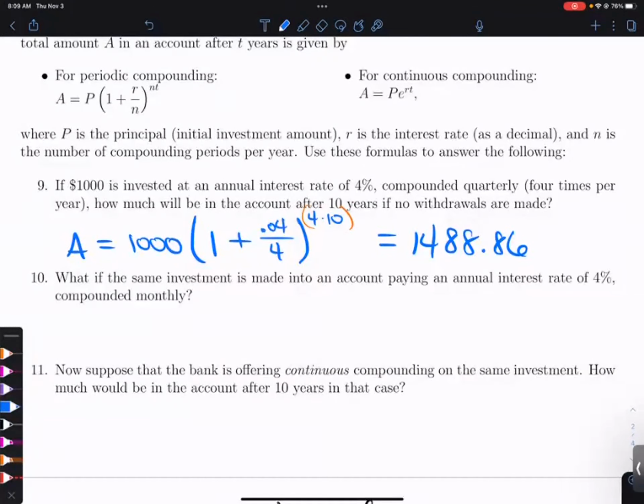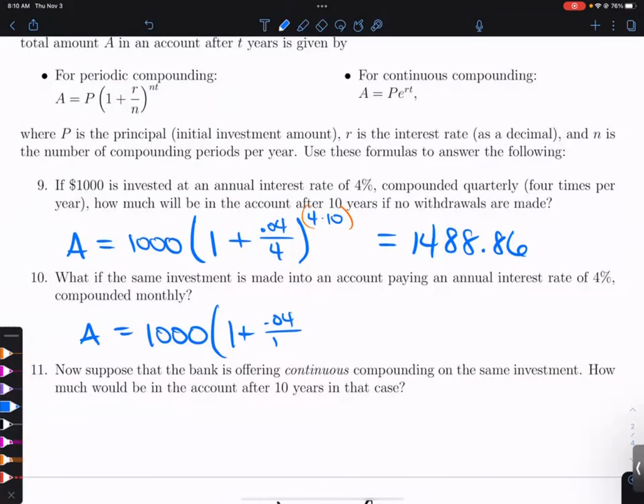What does that change? n is 12 instead of 4. And what do you get there? $90.83. Again, these are all dollar amounts.